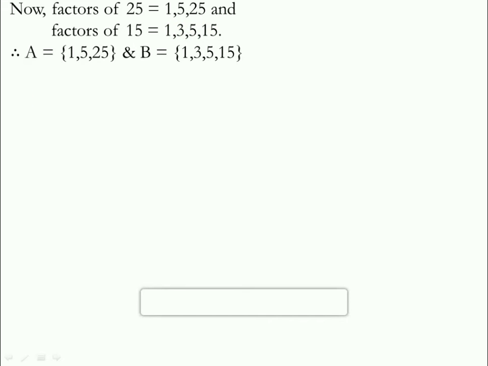Therefore A equals {1, 5, 25} and B equals {1, 3, 5, 15}. So now we just have to find the intersection between set A and set B. There is only one element common between these two sets, that is 5. So we have written 5 as the answer.